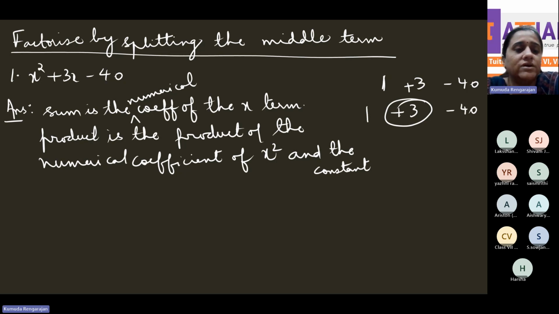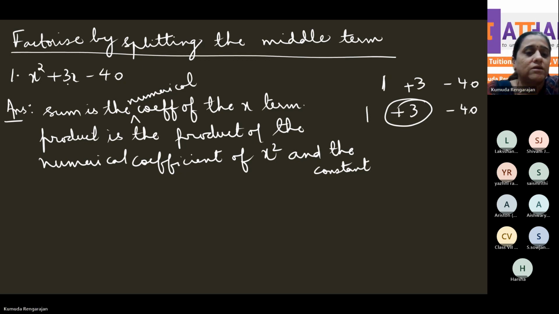Okay, so what is sum? Sum is the numerical coefficient of the x term. And what's the product? The product is the product of the numerical coefficient of x square and the constant.